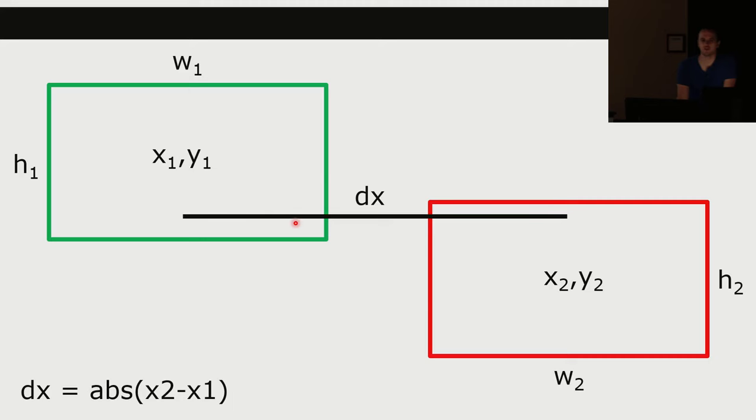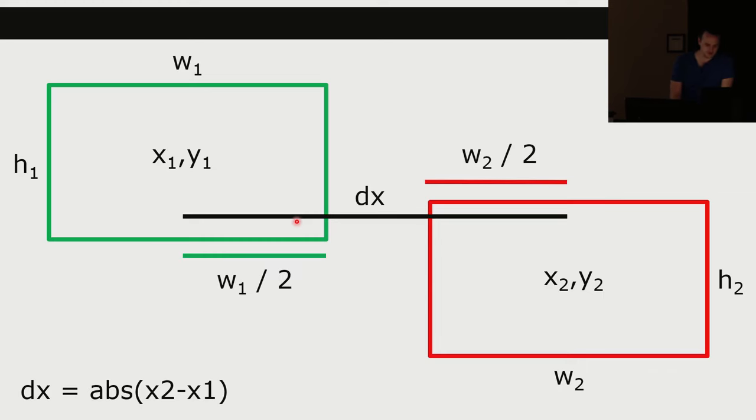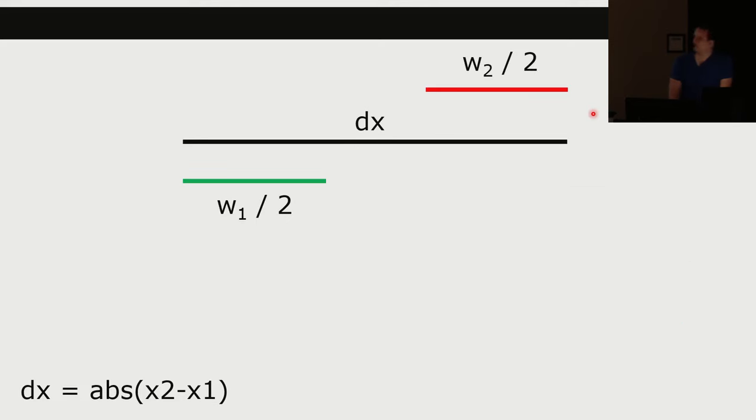The reason we take the absolute value is because you never know: x2 might be to the left, it might be to the right, we're not sure. So the distance between them is just the absolute value of the difference. Now if I have width 1 over 2, half the width of the first one, and half the width of the second one, then I have a situation that looks like this if I delete the rest.